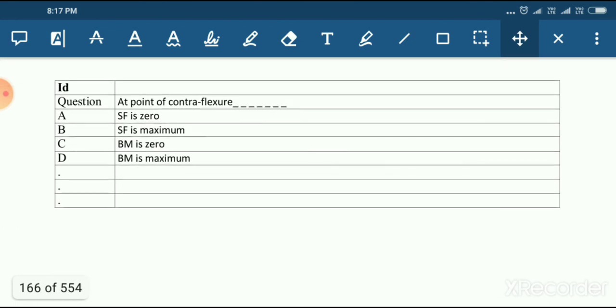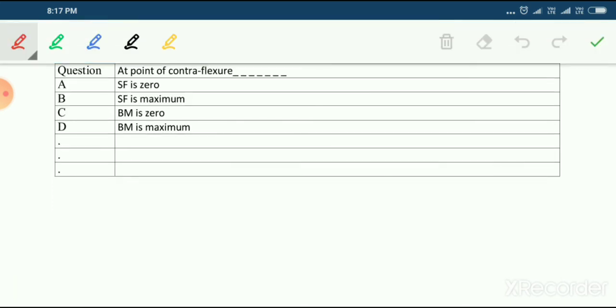At a point of contraflexure, shear force is 0, shear force is maximum, bending moment is 0, bending moment is maximum. First you have to know what a point of contraflexure means. It is a point where the bending moment changes sign from positive to negative, and at that point the bending moment value will be equal to 0.